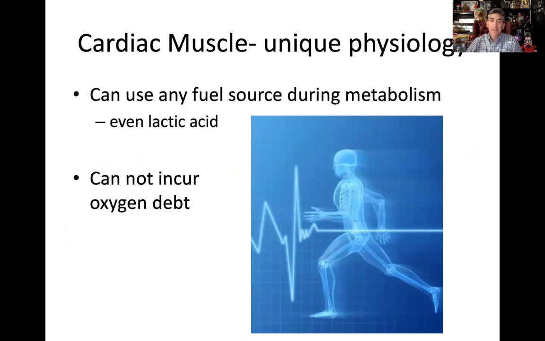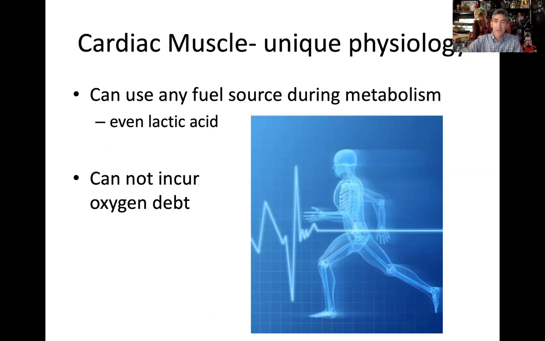Something else that's unique about the heart collectively, and we're going to get into a lot more detail, but I'm just giving you a big overview right now. The heart cell is not picky, right? The heart cell can metabolize any type of nutrition, right? So the heart cell can basically use any type of fuel source that is available, right?